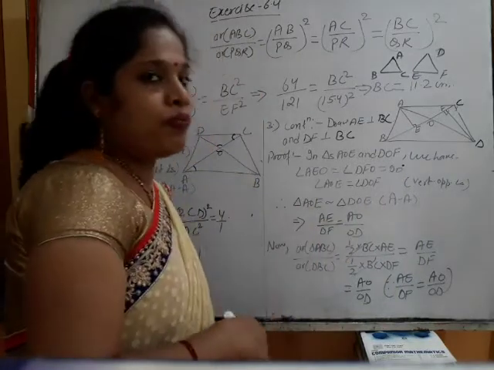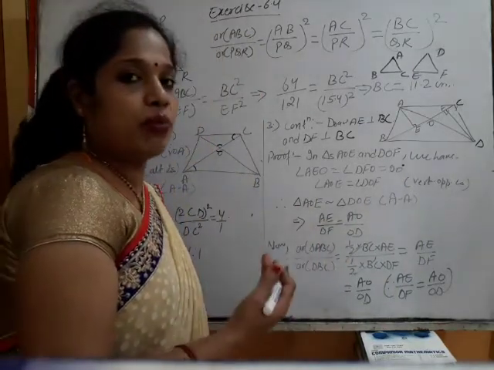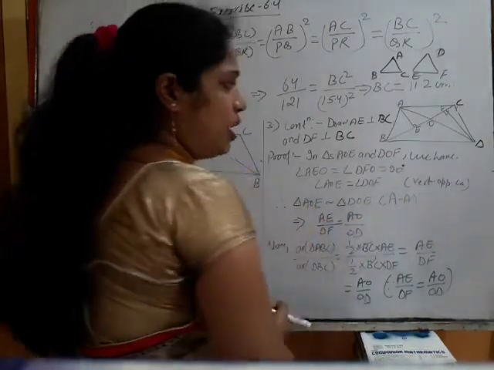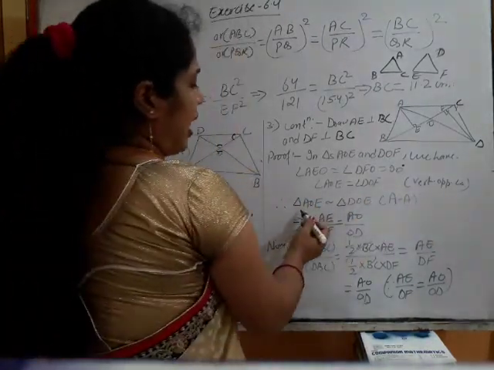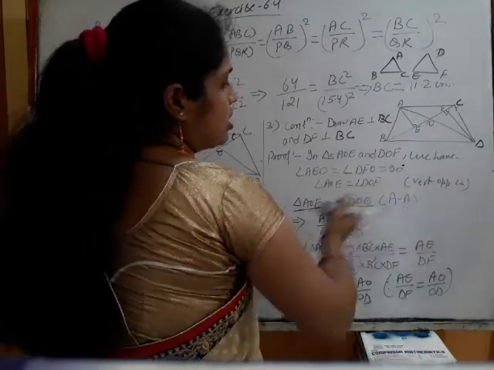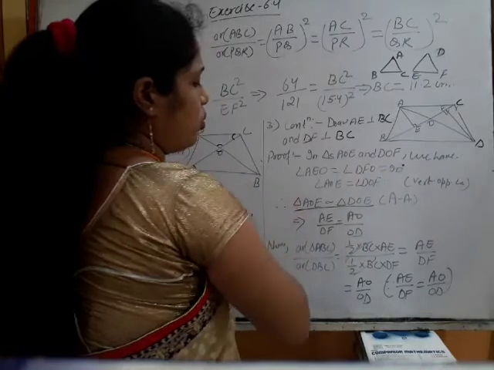Since they are intersecting, they will make a vertically opposite angle pair, so angles AOE and DOF are equal by the vertically opposite angle property. Now the triangles will be similar by angle similarity.